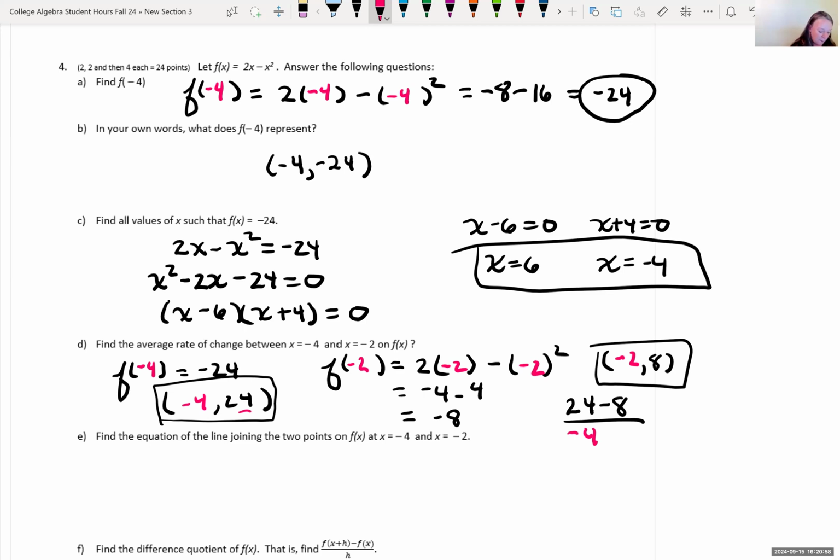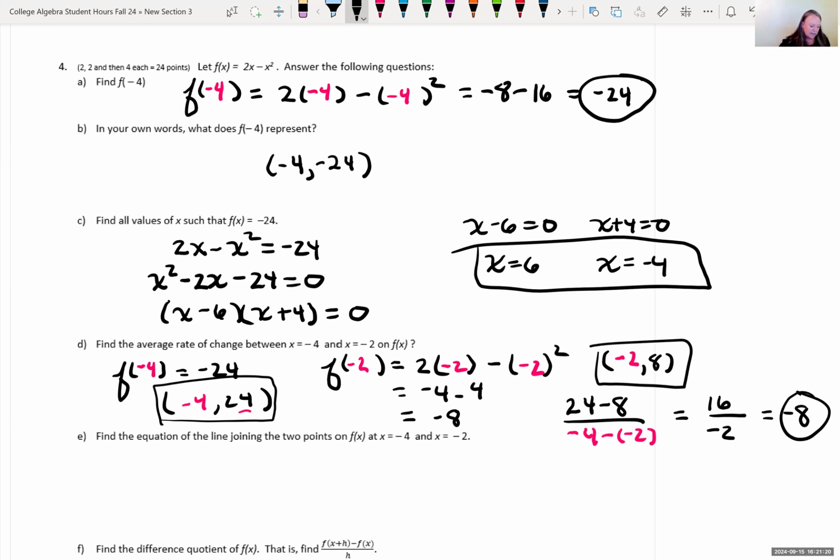So now you get a negative 4 minus a negative 2. So let's simplify that. Negative 24 plus 8 is negative 16, all over negative 4 plus 2, which is negative 2. That gives negative 8. So my average rate of change between x equals negative 4 and x equals negative 2 is negative 8.